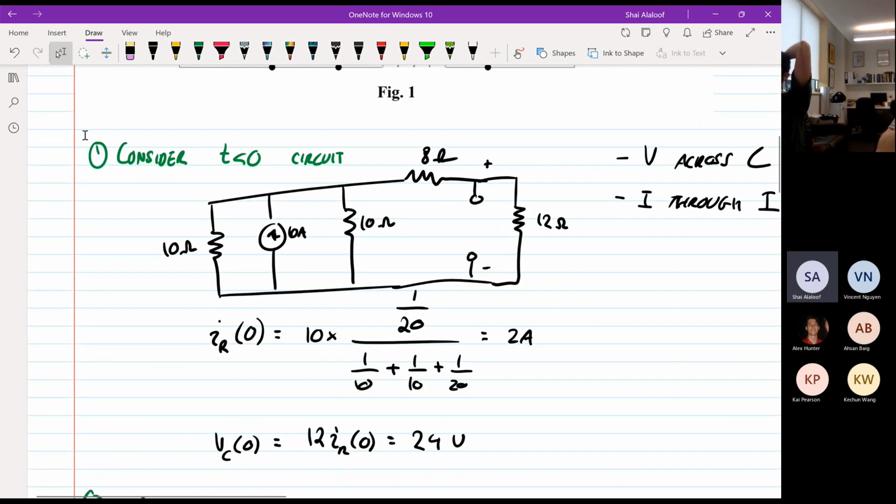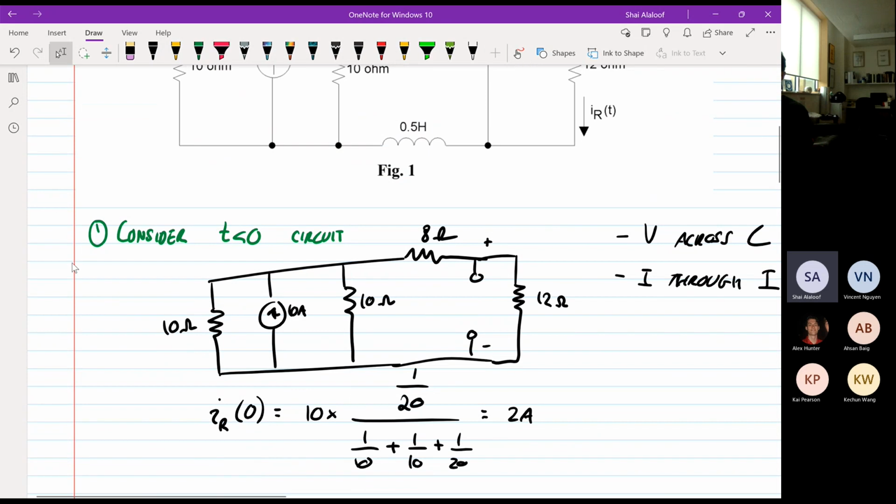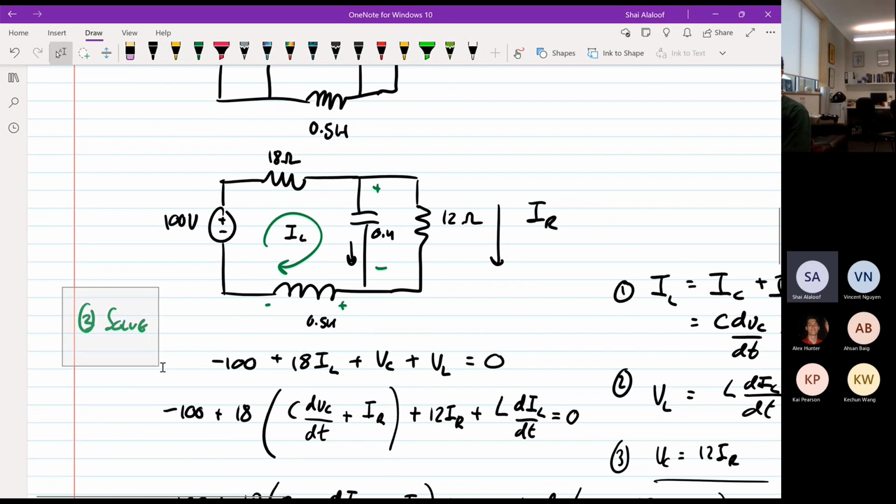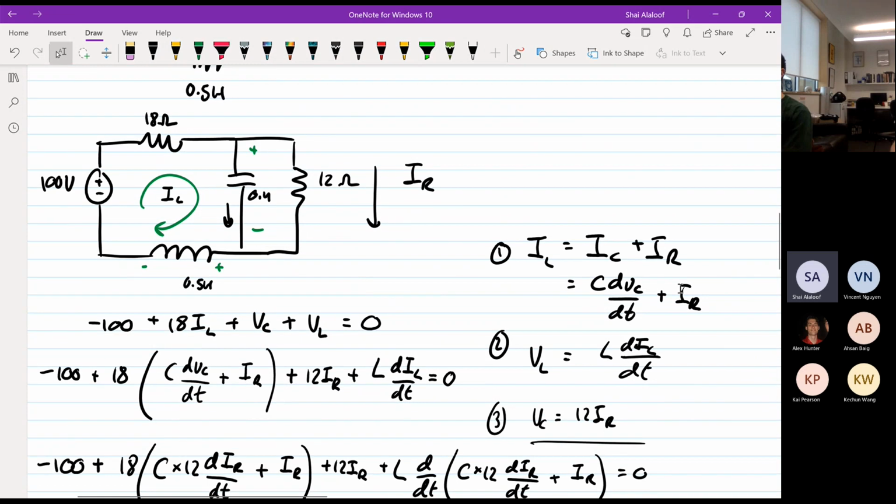I've made a point to write these steps in green because these are the steps that don't change no matter what. The way that you do them does change, but in principle, these will always be the same. So you find your initial values, you consider t greater than 0, you solve, and now, this is the part you were asking before: how do you derive the differential equation?